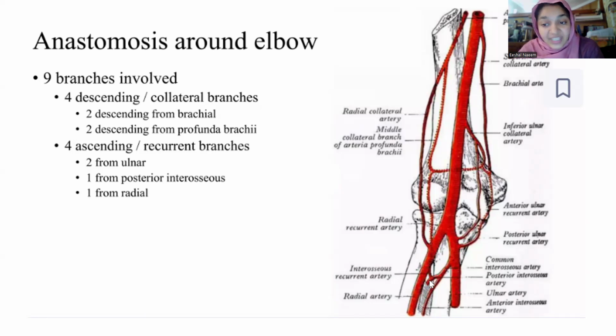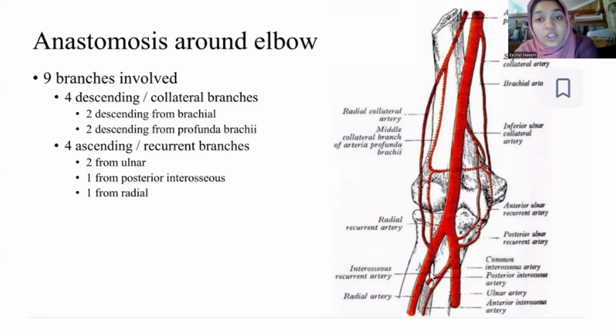The posterior interosseous artery is so called because it goes behind the interosseous membrane into the posterior side of the forearm. And the anterior interosseous artery is so called because it travels in front, anterior to the interosseous membrane.